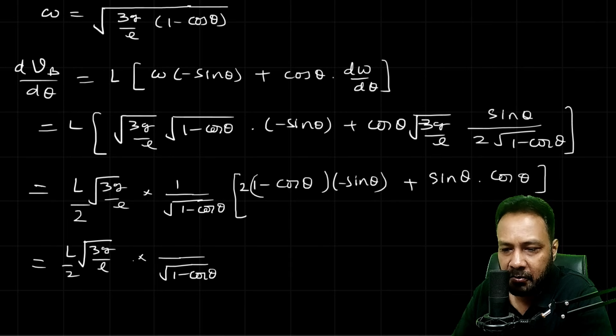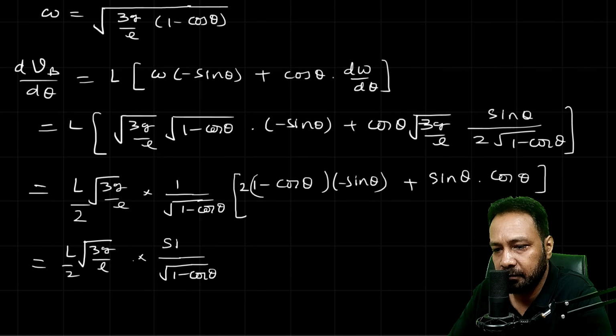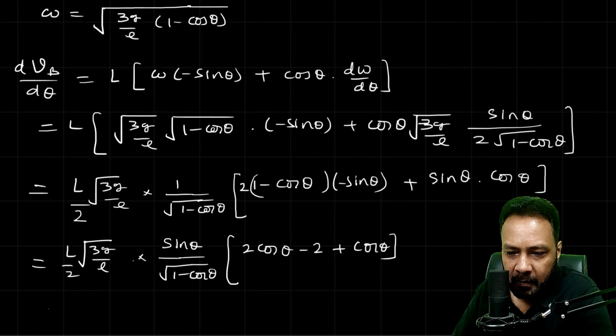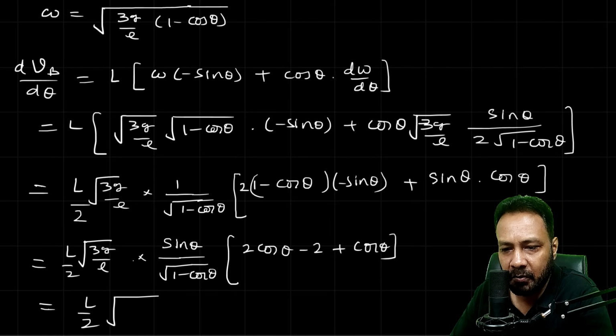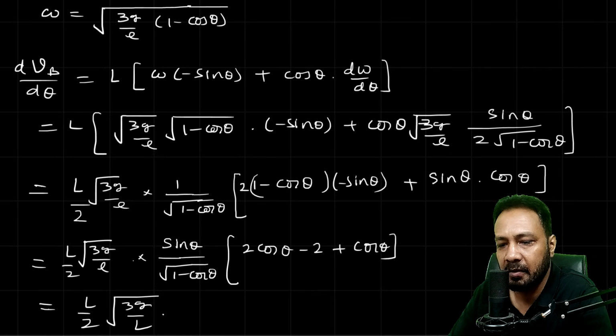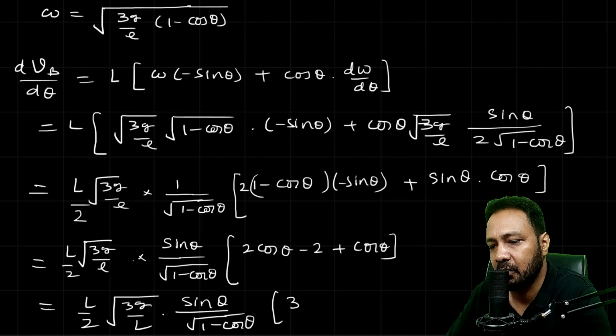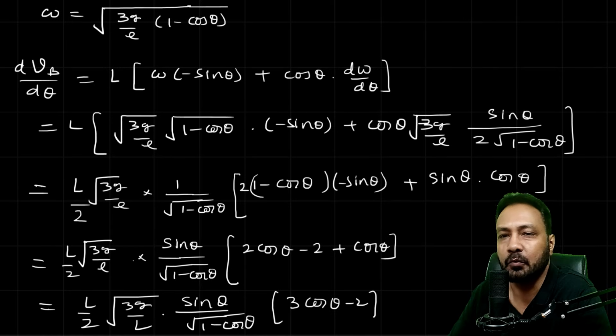If I take sine theta outside, so now what I will have, 2 cos theta minus 2 and plus cos theta. So I got L by 2 square root of 3g by L sine theta divided by square root of 1 minus cos theta, and that is 3 cos theta minus 2.